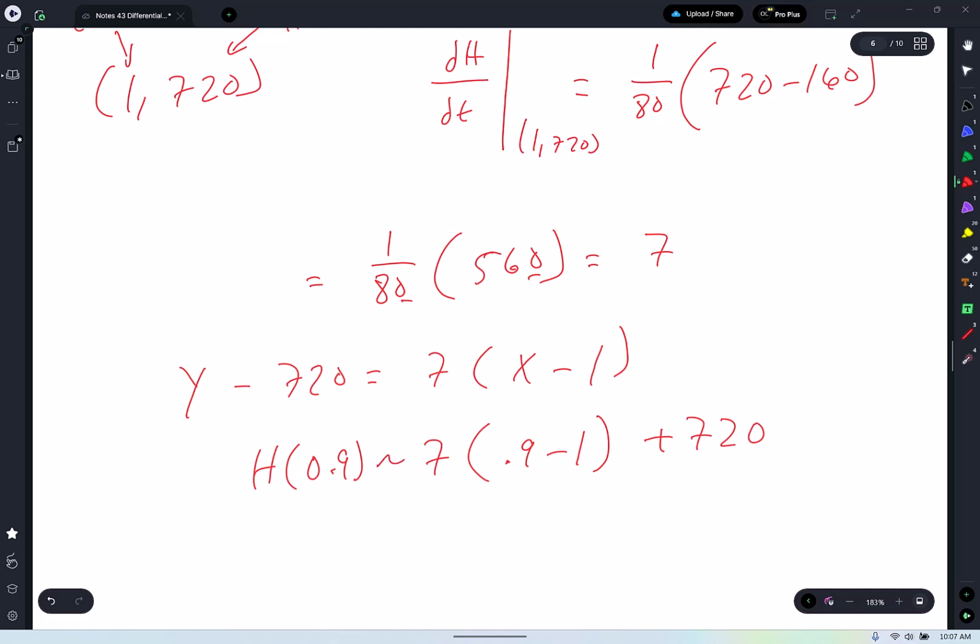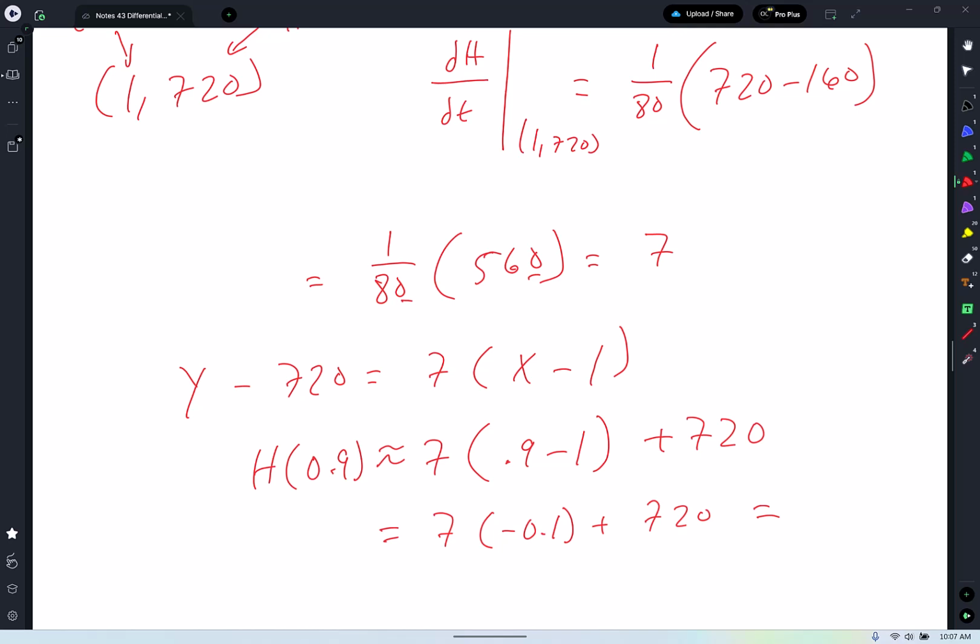I should say approximately. You're fine if you say equals. They're not going to take points off. 7 times 0.9 minus 1, that's negative 0.1, and 7 times negative 0.1 is negative 0.7, plus 720. We should be able to do this without a calculator, hopefully. So that is 719.3 of whatever quantity this is.